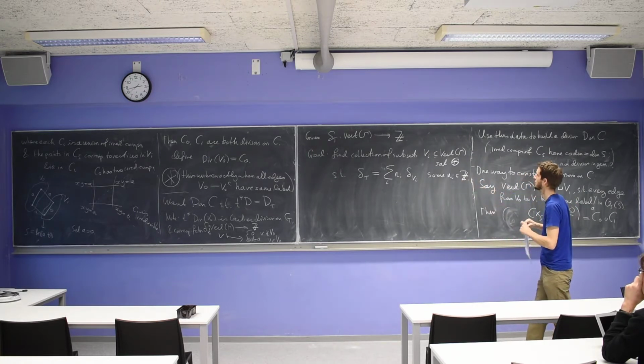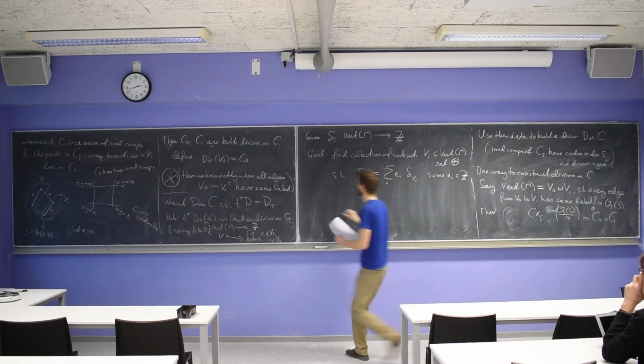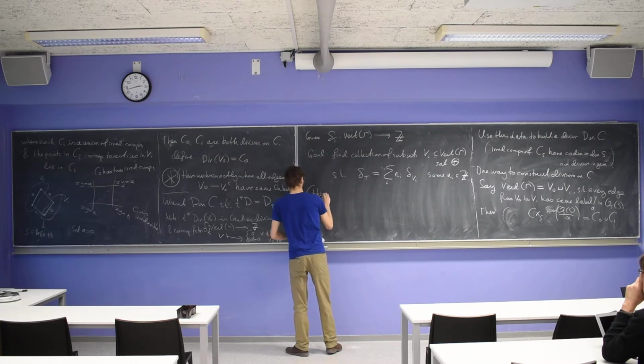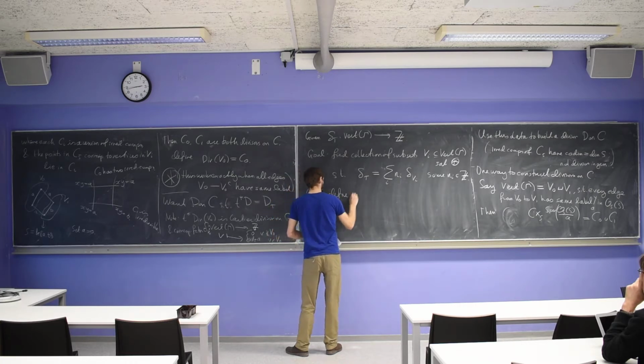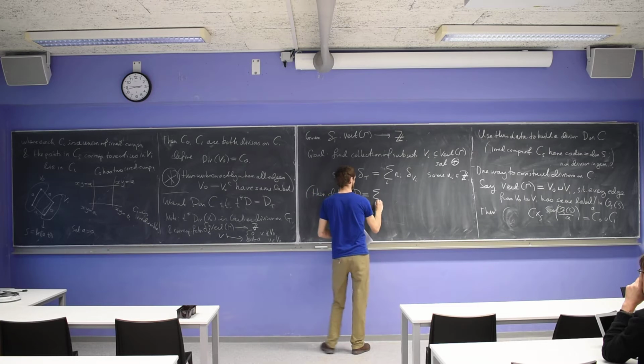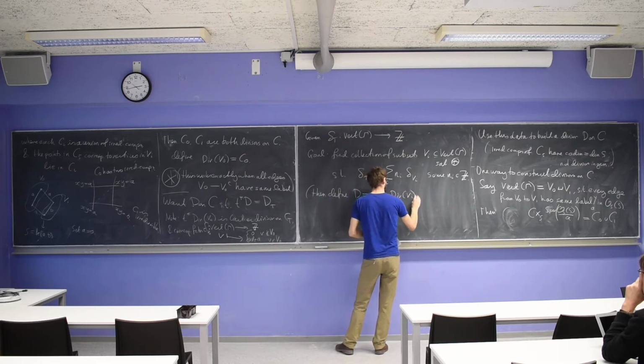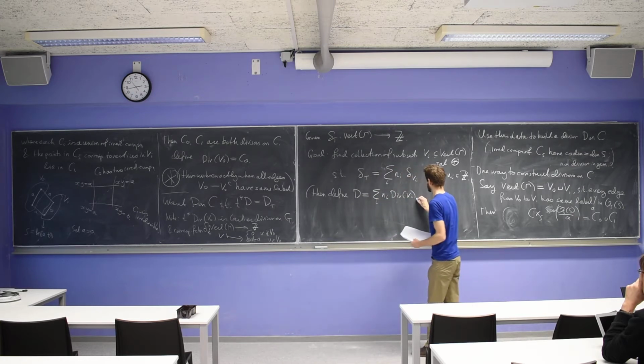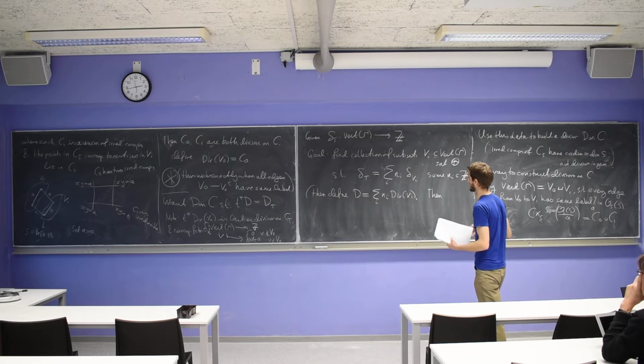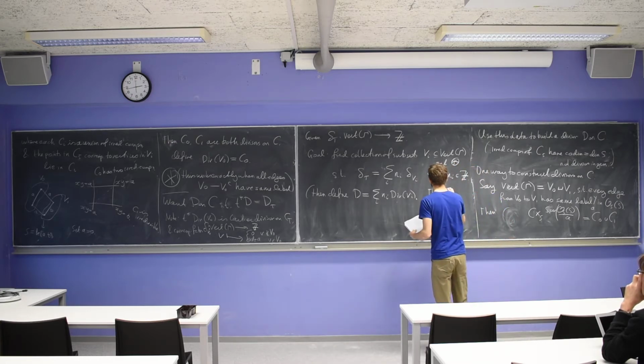But let me quickly explain why this is a good idea. So then define d to be the sum over I of ni of bi. So then t plus I of d equals dt, which is what we wanted.